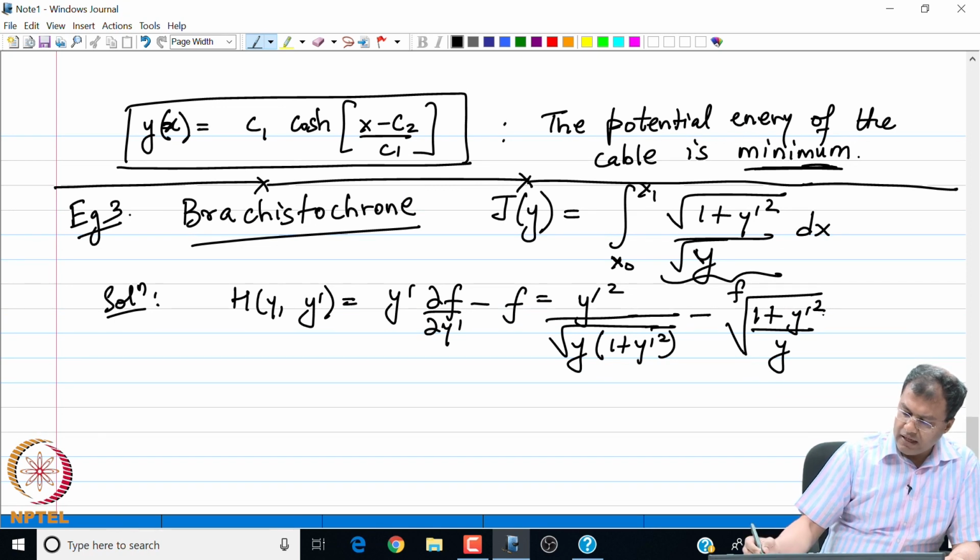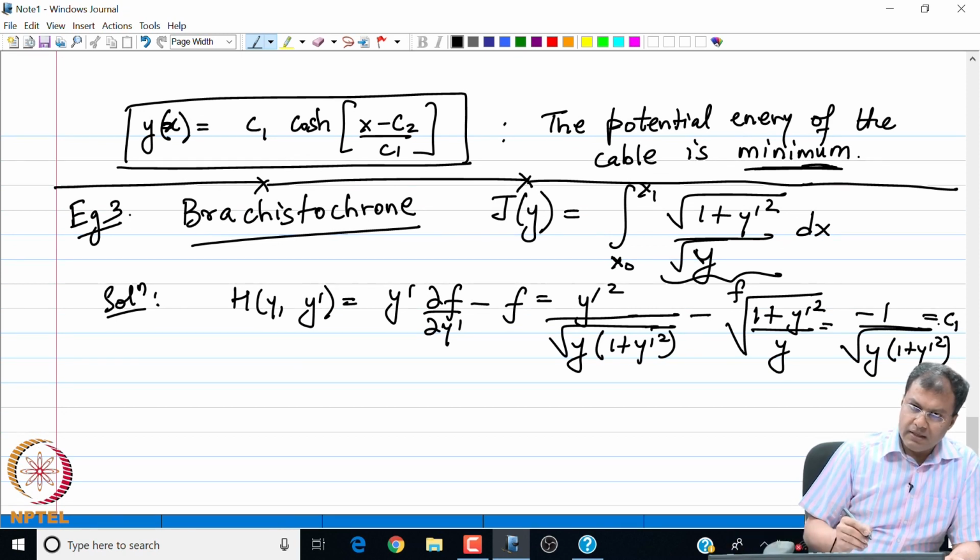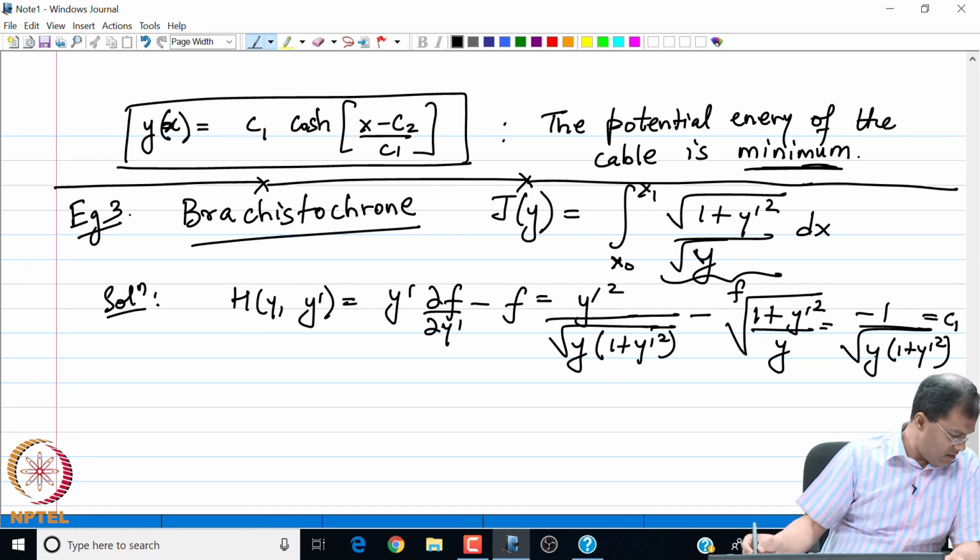After simplification of this expression we see that this is also equal to negative 1 over square root of y times (1 plus y prime square), and this is set equal to a constant by the Beltrami identity, to get the extremal. So, from here we can solve for y as a function of x. The first step is to just invert this expression and take the square.